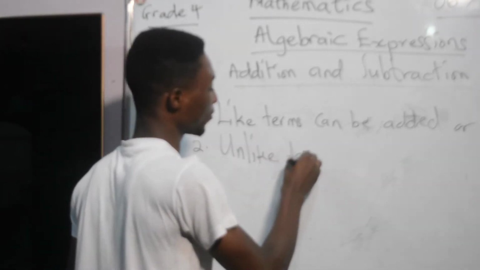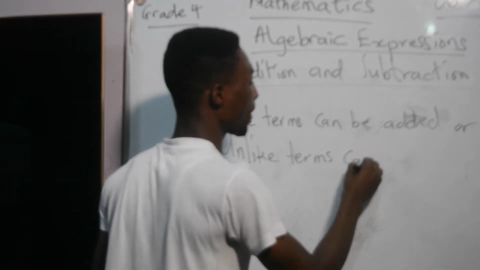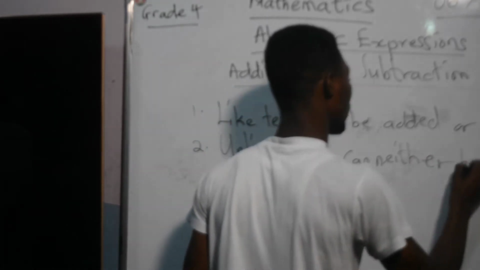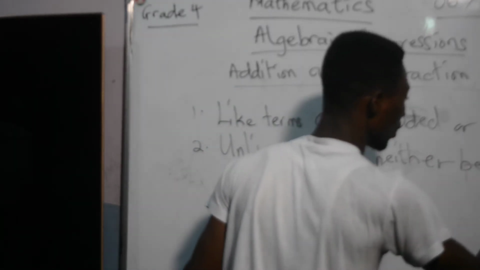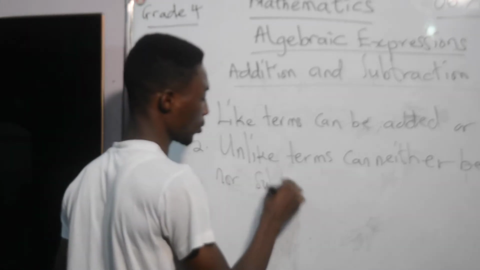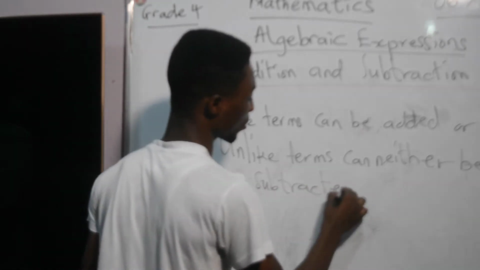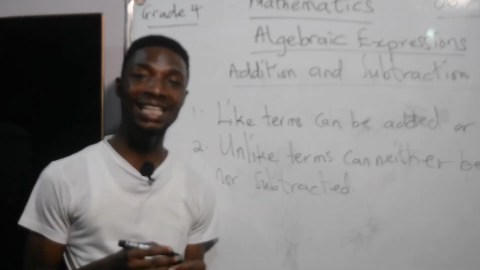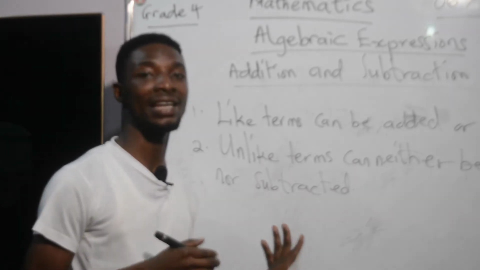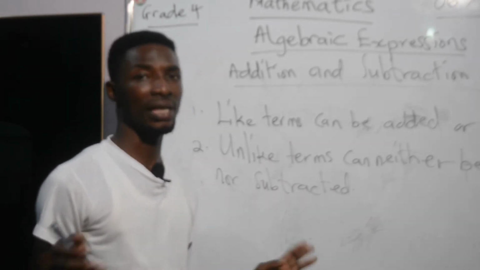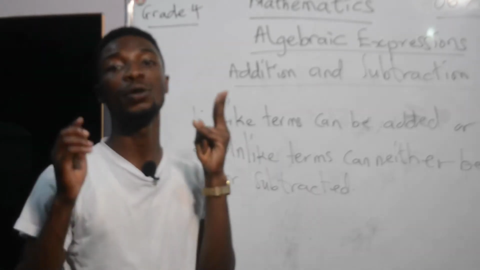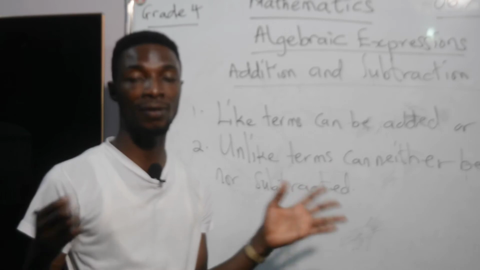Unlike terms can neither be added nor subtracted. So, like terms can be added or subtracted. Unlike terms can neither be added nor subtracted. Okay? If you know these rules at your fingertips, then you are good to go with the arithmetic of algebraic expressions.